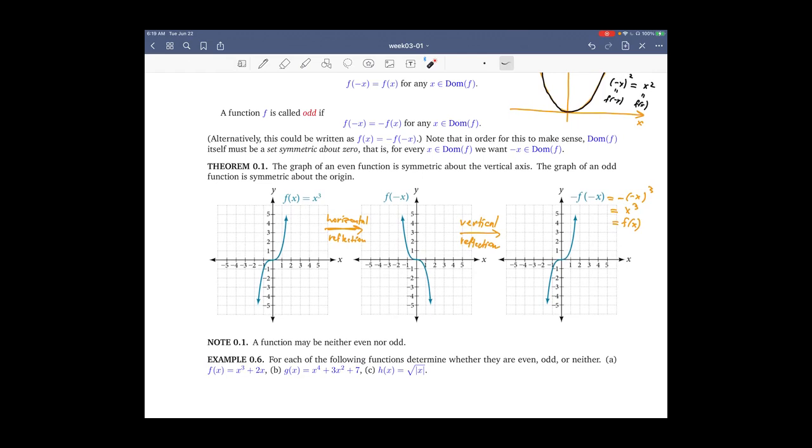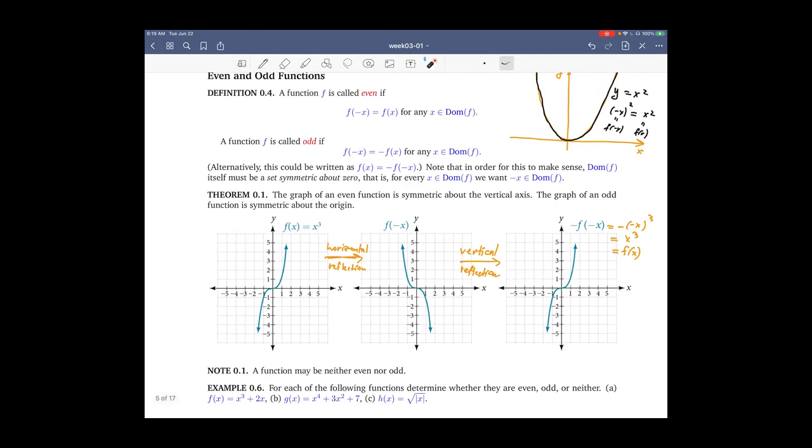One important comment here to make is that in both definitions, for even functions and odd functions, we necessarily assume that the domain of our function is symmetric about 0. What does that mean? It means that if x belongs to the domain, then negative x also belongs to the domain.